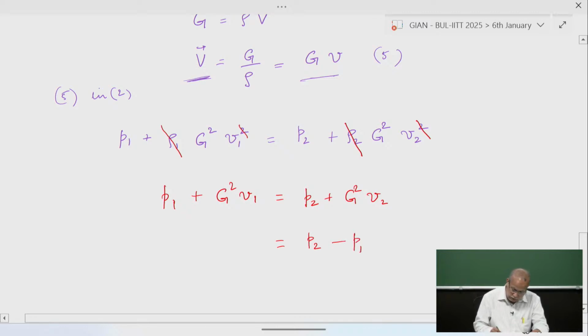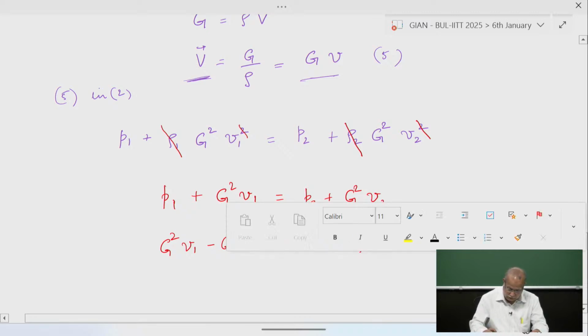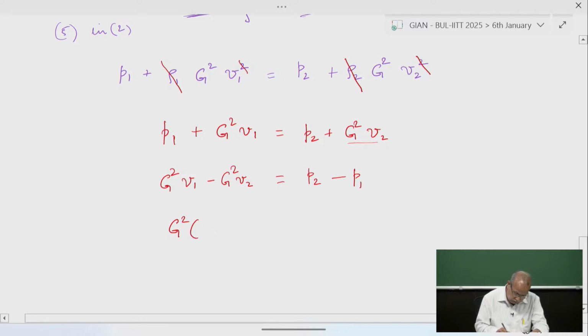I already have G square V1 on one side. Bring this one to the other side, it will be minus G square V2. Or I can write it like this: minus G square into V2 minus V1 is equal to P2 minus P1.